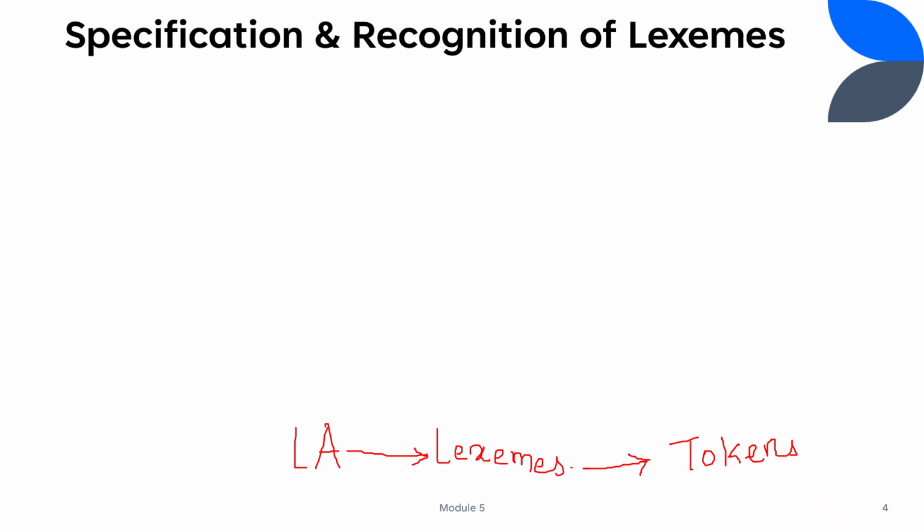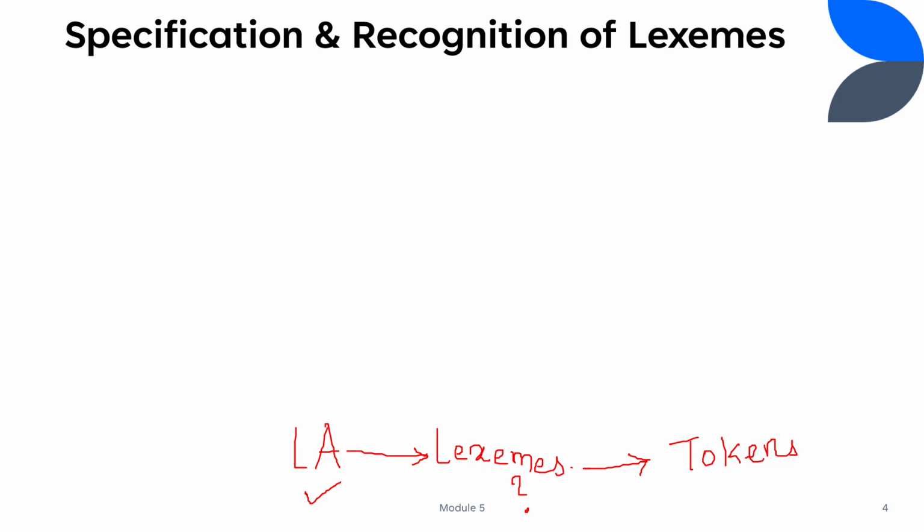But the question is, how will any lexical analyzer understand whether a specific group of characters can be considered a lexeme or not? In other words, we need to make our lexical analyzer knowledgeable.